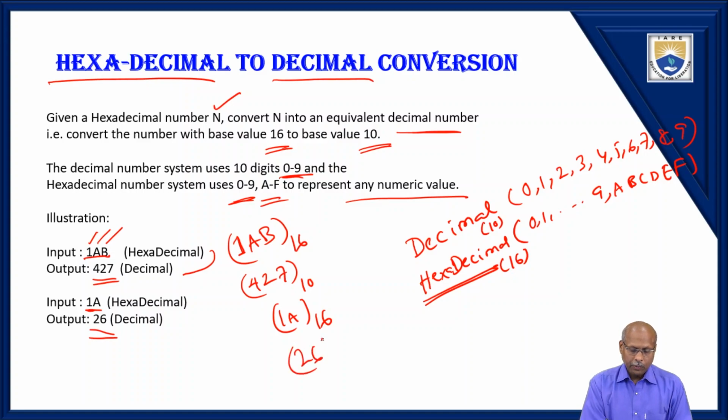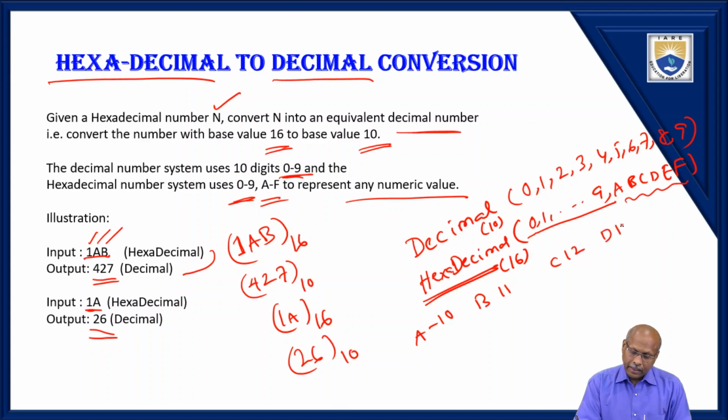Remember, for hexadecimal, totally 16 varieties of digits are there, 0 to 9 as well as A to F. A means internally 10, B means 11, C means 12, D means 13, E means 14 and F is 15.